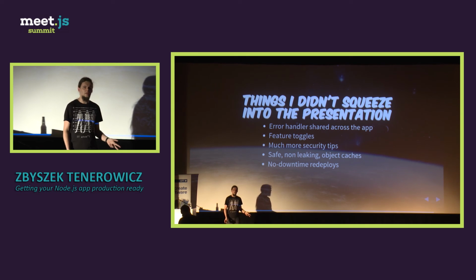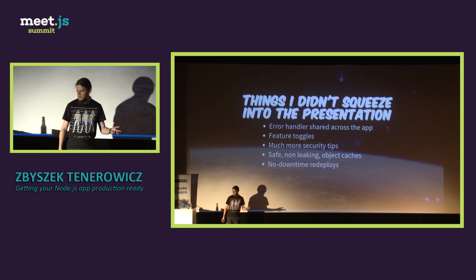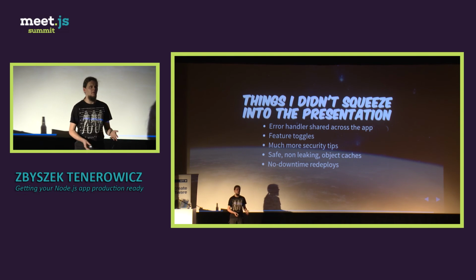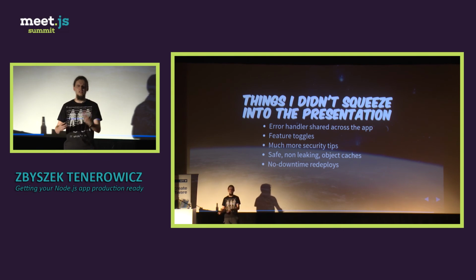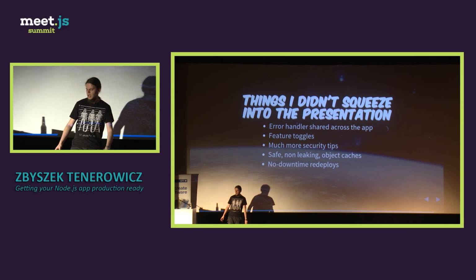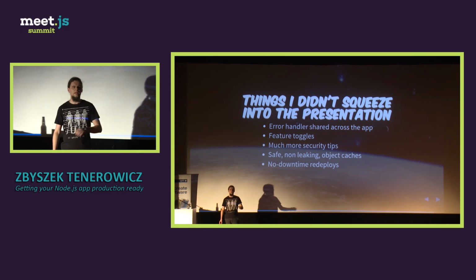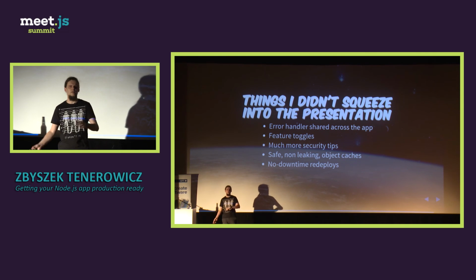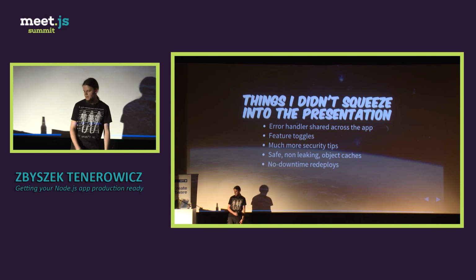There's a lot of security issues we could talk about. There's a lot of techniques for not leaking memory, even though you need to store some things in memory. And there's plenty of cool things you can do to have no downtime when you redeploy your apps.